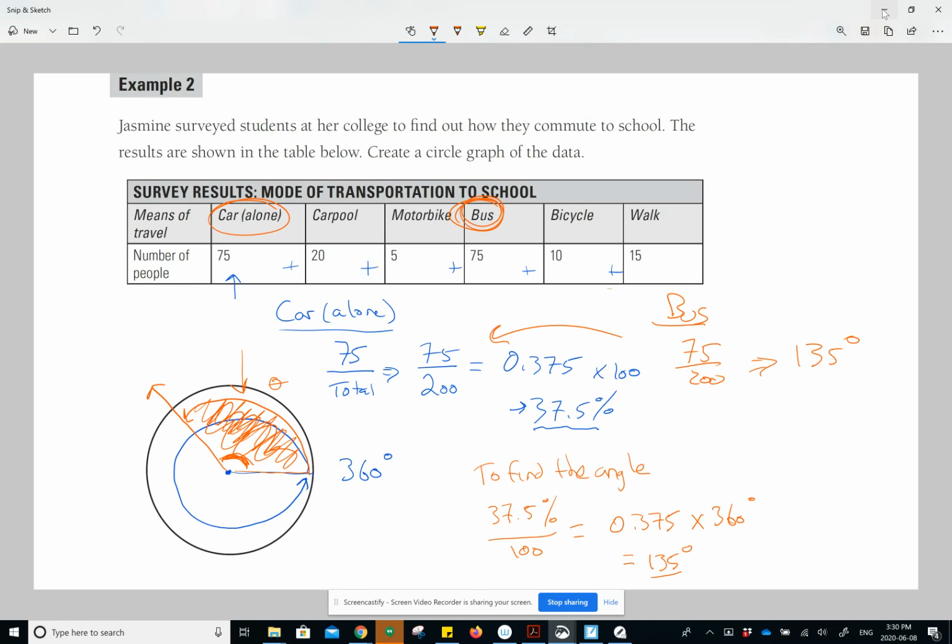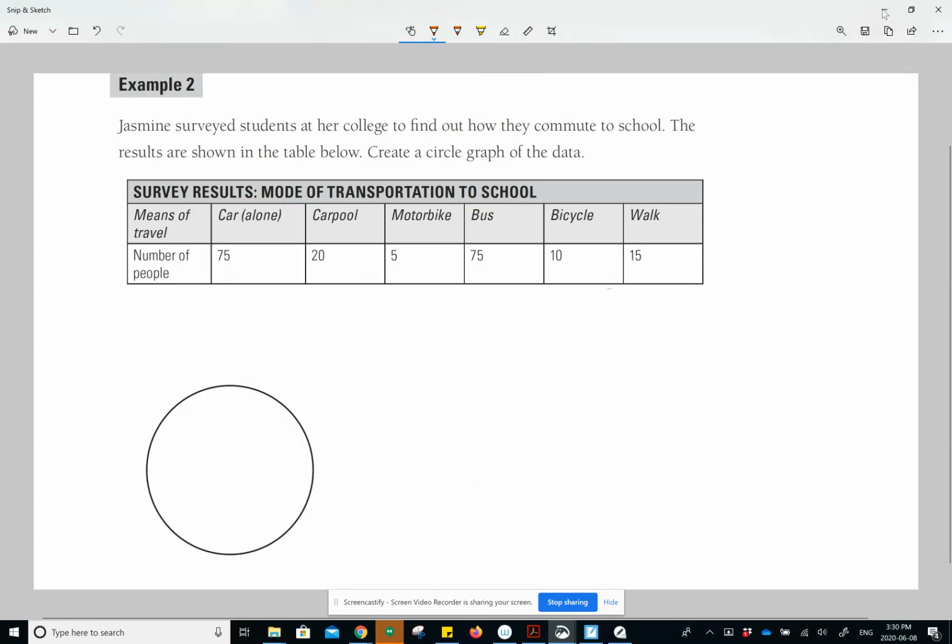So like the carpool, for instance. Just erase all the ink here. So the carpool is going to be 20 out of 200, which is 0.10, which as a percentage, if I multiply by 100, is 10%.